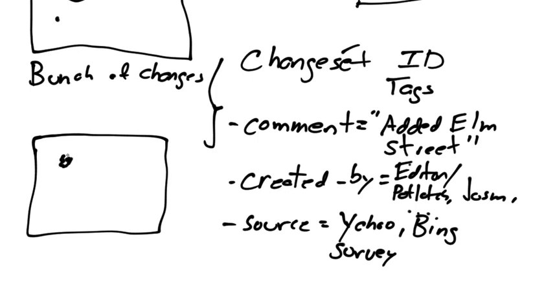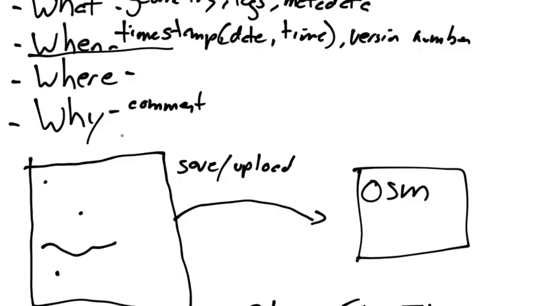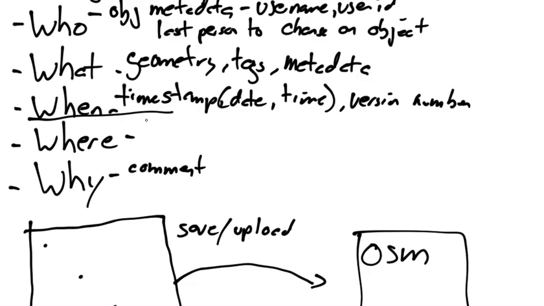OpenStreetMap servers will look at that and will draw a little box around your changes, and it'll call that a bounding box. And it will associate this bounding box automatically with your change set. So a change set has a bounding box, and that's calculated automatically.